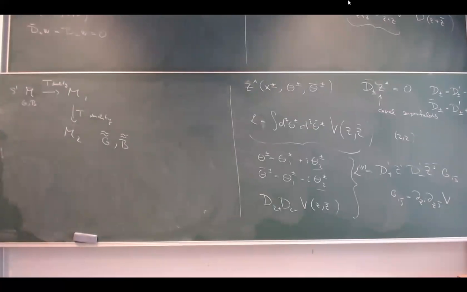And so we confirm this in the 2,2 picture. So we have a specific example where we have G and B which make a 2,2 description. So there is a generating Kähler potential for it, and we'll write it down here.